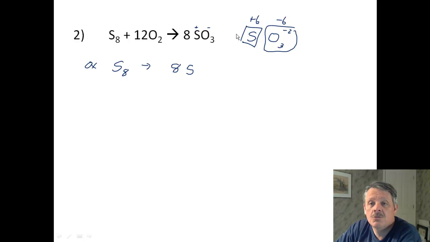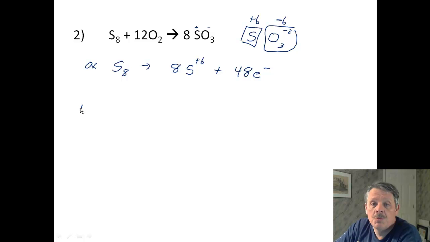That sounds really strange. So I have 8 sulfurs, each with a +6 charge. 6 times 8 is 48, so 48 electrons came off. That's my oxidation half reaction.